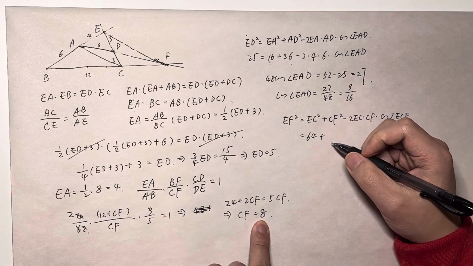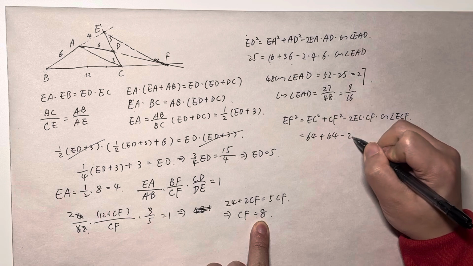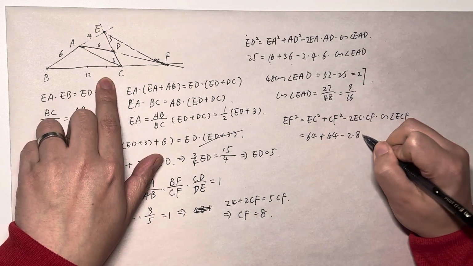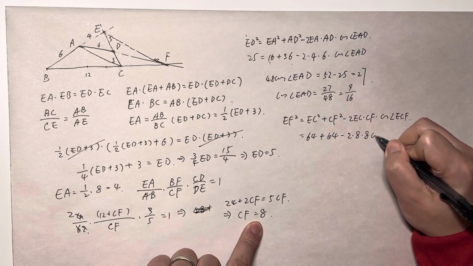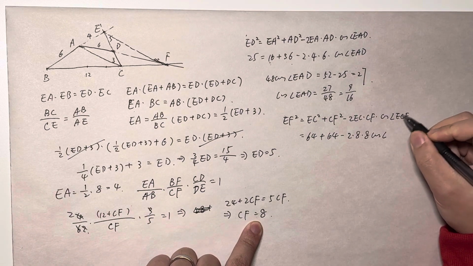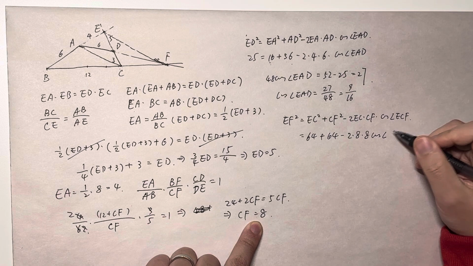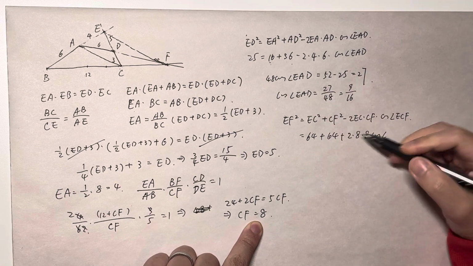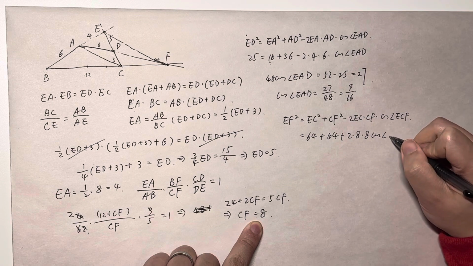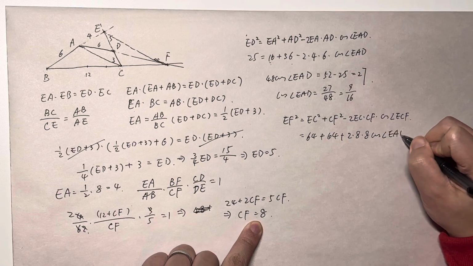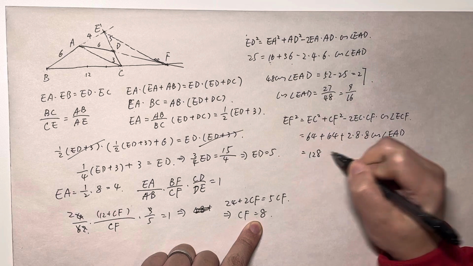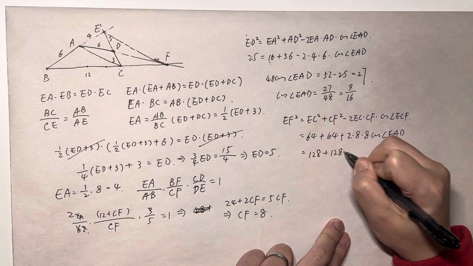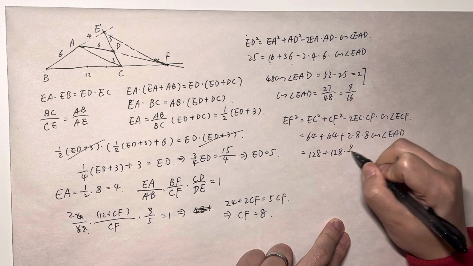CF we already calculated as 8, so 64, minus 2 times EC, which is 8, times CF, which is 8, times cosine angle ECF, which is minus cosine angle EAD. So here it becomes plus: 128 plus 128 times 9 by 16.